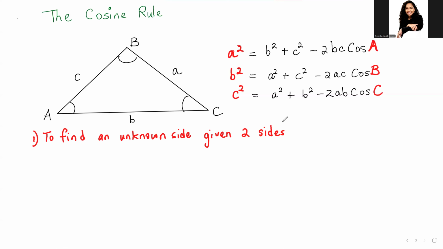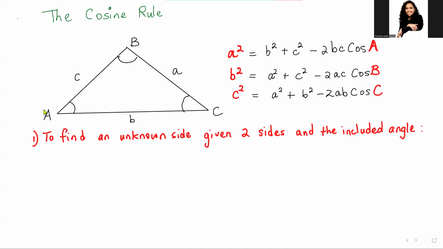So unlike the sine rule, it does not need to be the included angle, it could be any angle. For the cosine rule, it has to be the included angle. Let me show you in an example actually. When you see it in an example, it will make more sense.